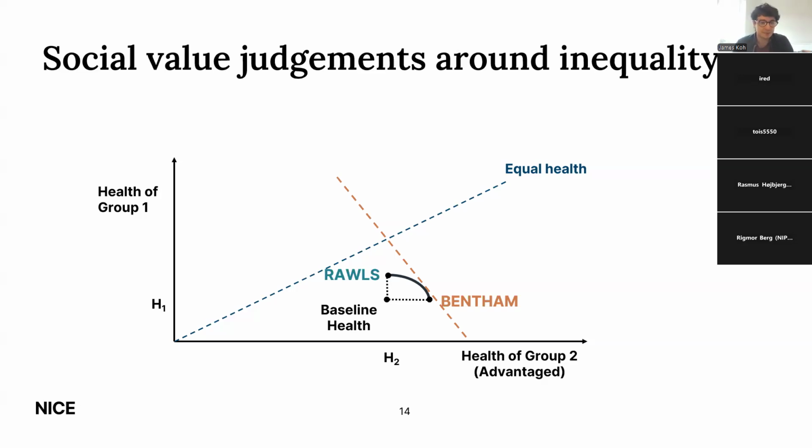John Rawls, who's another philosopher from the 20th century, had one of his moral principles in the theory of justice, which was maximizing the minimum level of health. And so that would involve just maximizing the health of H1. So that would be his point here, just moving the frontier vertically up to improve the health of group 1.